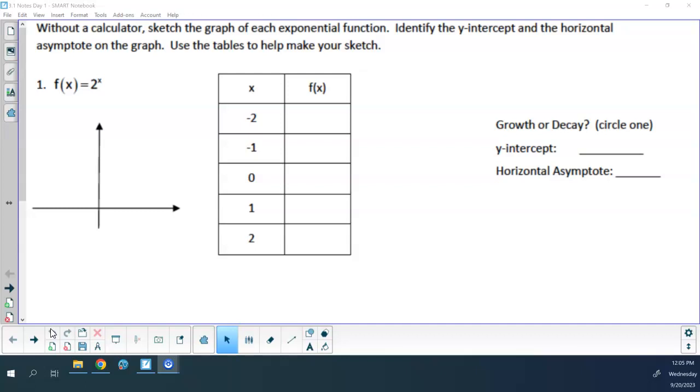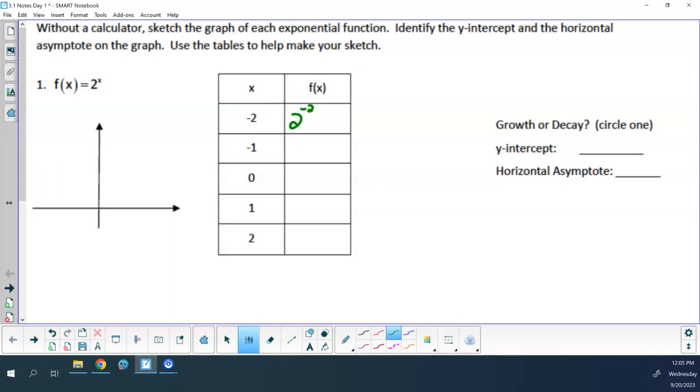So what we do in this T-chart is we take our values of x. We pick 5 of them. I just picked 5 random ones: -2, -1, 0, +1, +2. Could have picked any numbers there that I wanted to. And I'm going to plug them in. So if I plug them in, well, this would be 2 to the -2 power. Do I like negative exponents?